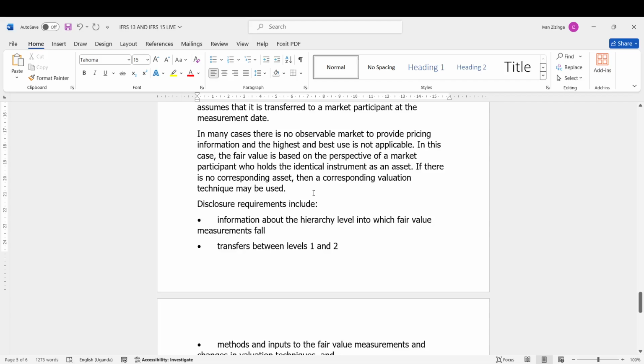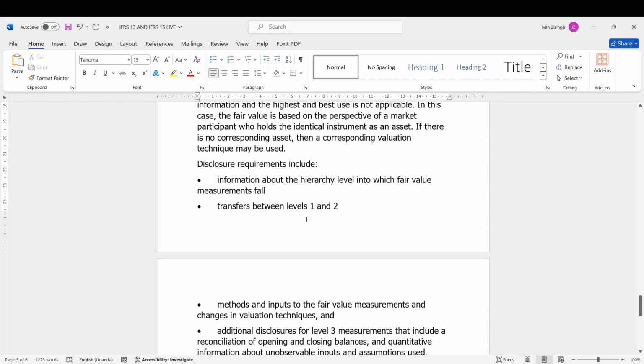Then when it comes to the disclosures, the standard says we should always disclose information regarding if you have different assets. Some you use level 1, whereas others you used level 2. Give us a breakdown. Okay? That I used level 1 for these assets, I used level 2 for these assets.